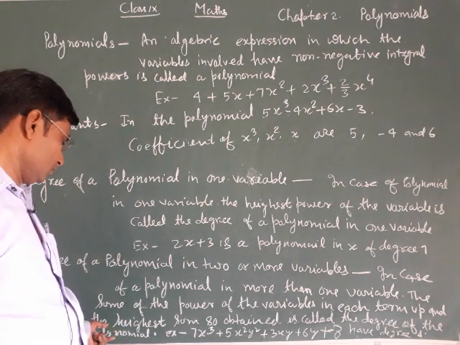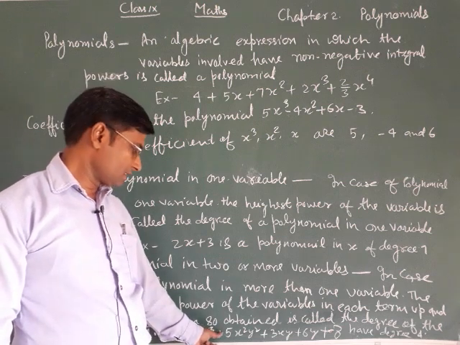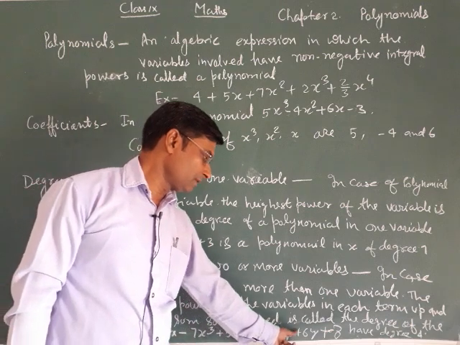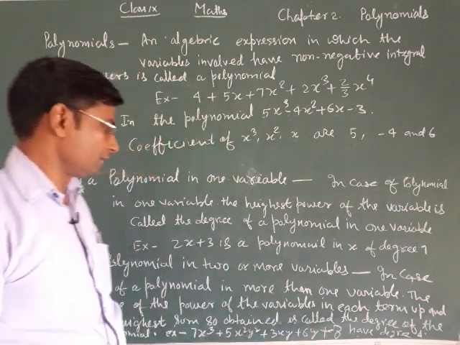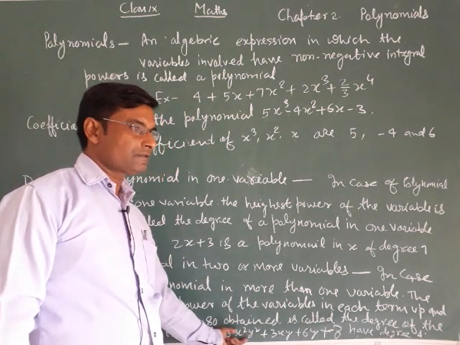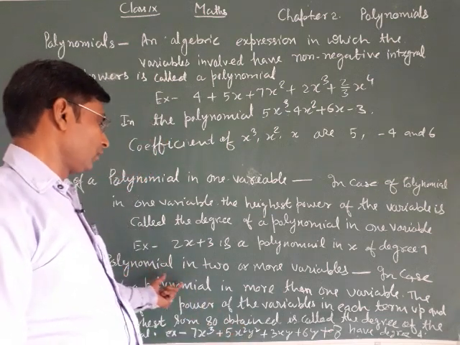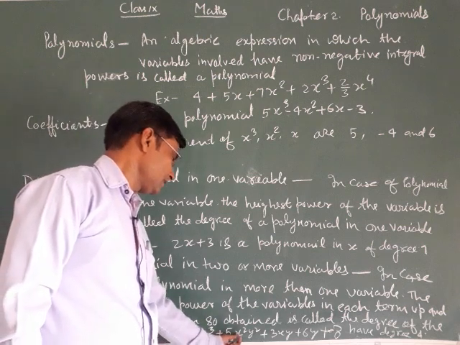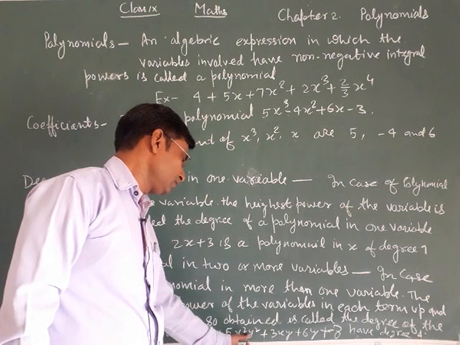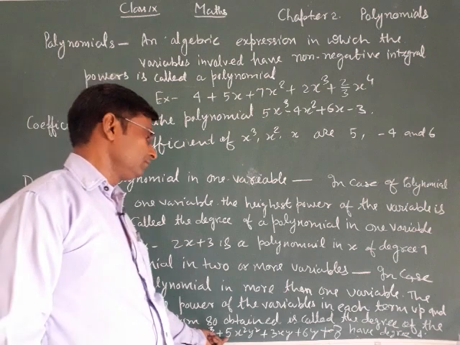For example, 7x power 3 plus 5x square y square plus 3xy plus 6y plus 8. This is x square and y square. Sum of powers of the 2 variables, 2 plus 2, 4. The polynomial has degree 4.